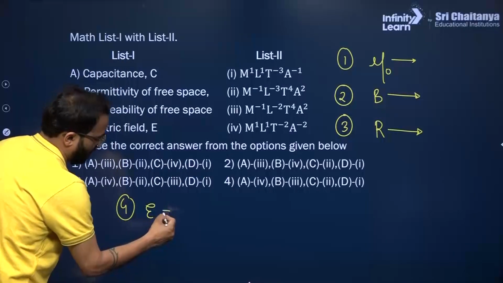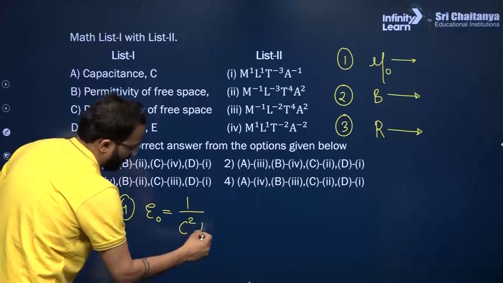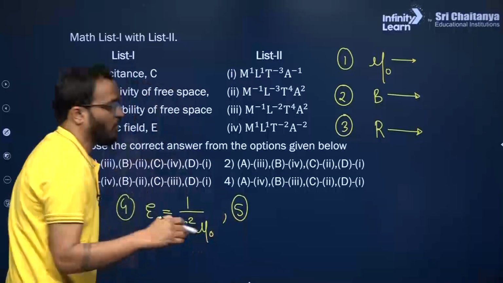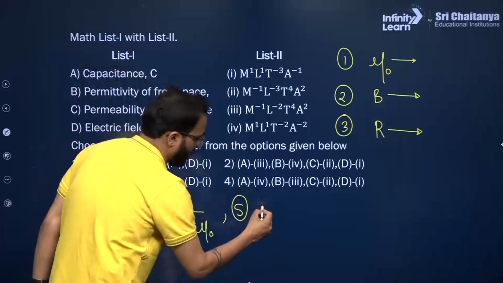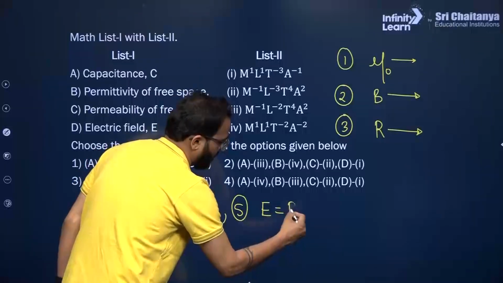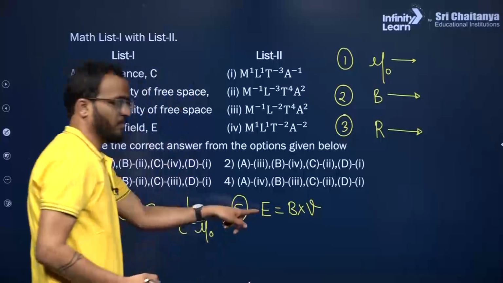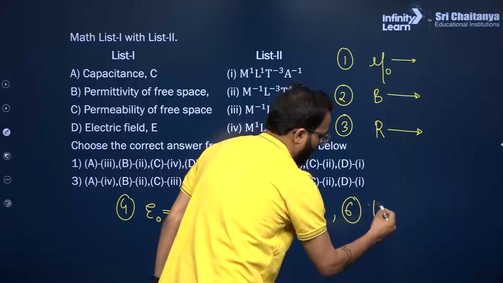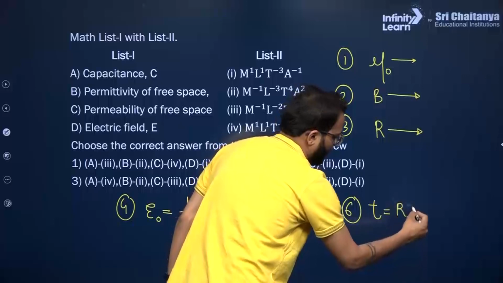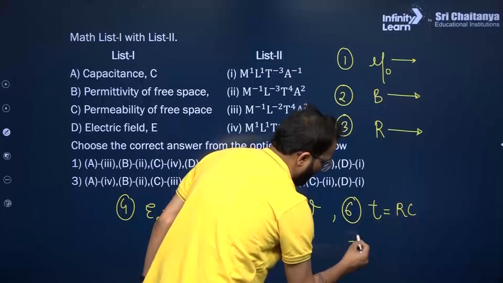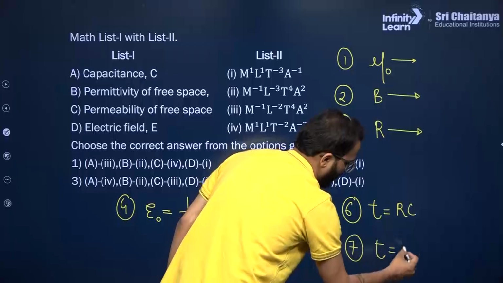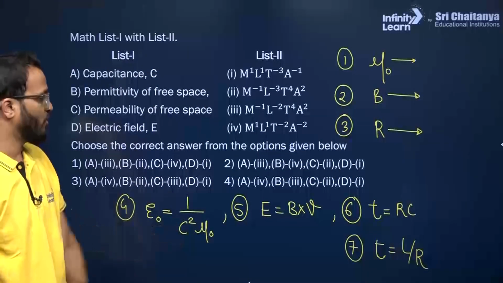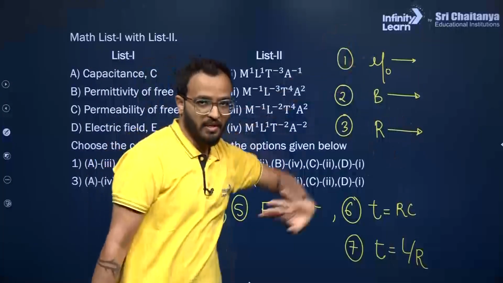It will be 1 by C square mu naught, right? Fifth, if you want to find electric field, it will be B into speed. Sixth, if you want to find capacitance, time constant tau is RC, or time constant tau is also L by R. So using these concepts you can find out C and L also. So just remember these three.